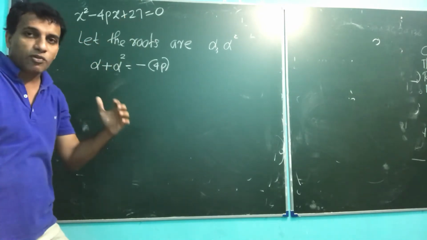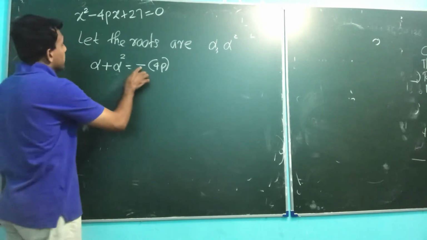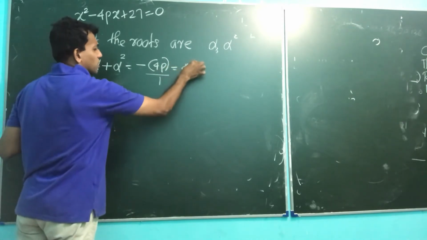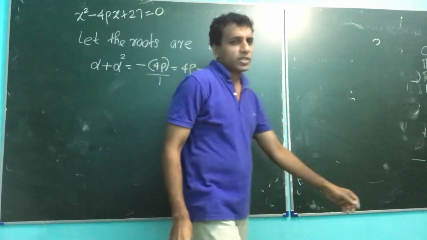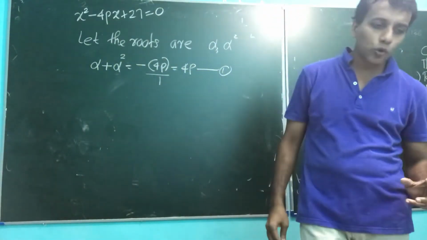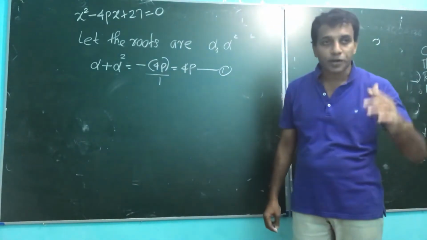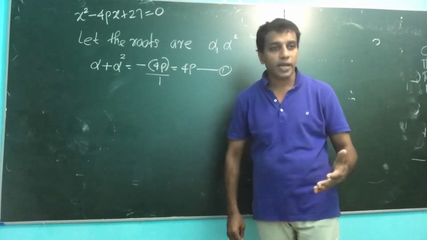Alpha plus beta is minus b over a. Study properly. What are a, b, c? A is 1, b is minus 4p, c is 27. So alpha plus beta is minus b over a, which gives 4p. That is my first equation: sum of the roots is minus b over a. Next, the product of the roots, alpha into beta, is c over a.